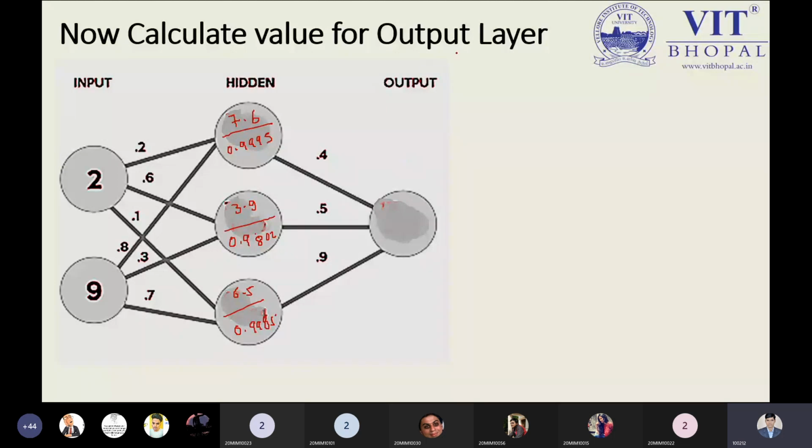So it is time to calculate the value at the output layer. We will receive different values, so let us calculate. You people can calculate and tell me what value you are getting.